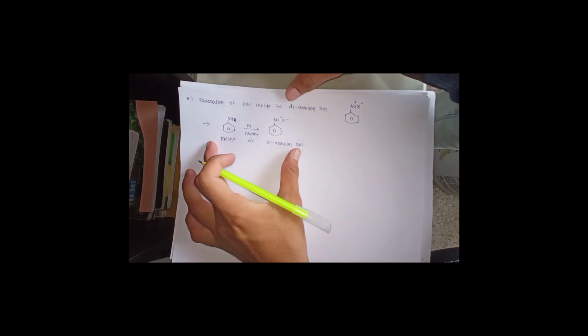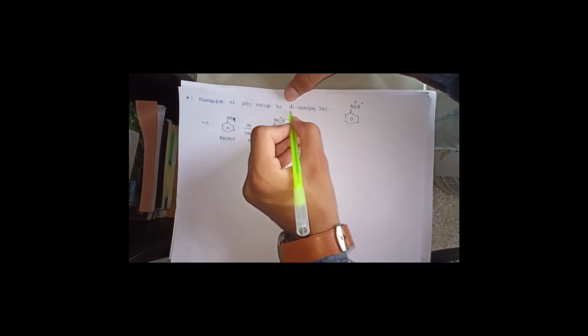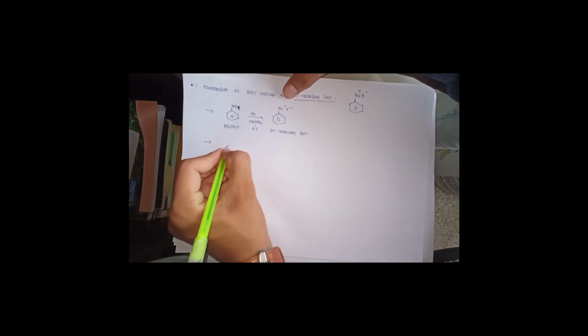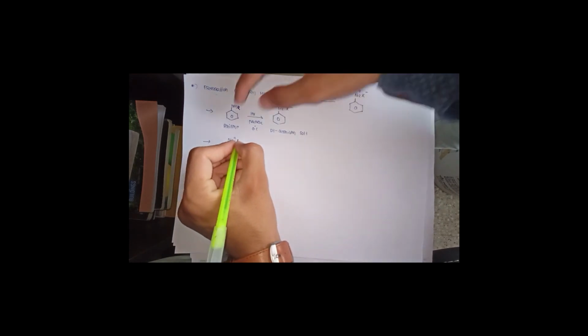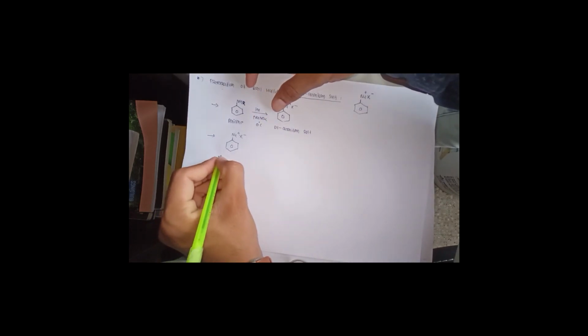But today we discuss the preparation of aryl halide by diazonium salt. This is the diazonium salt, with N2 plus and a halogen with a minus charge.